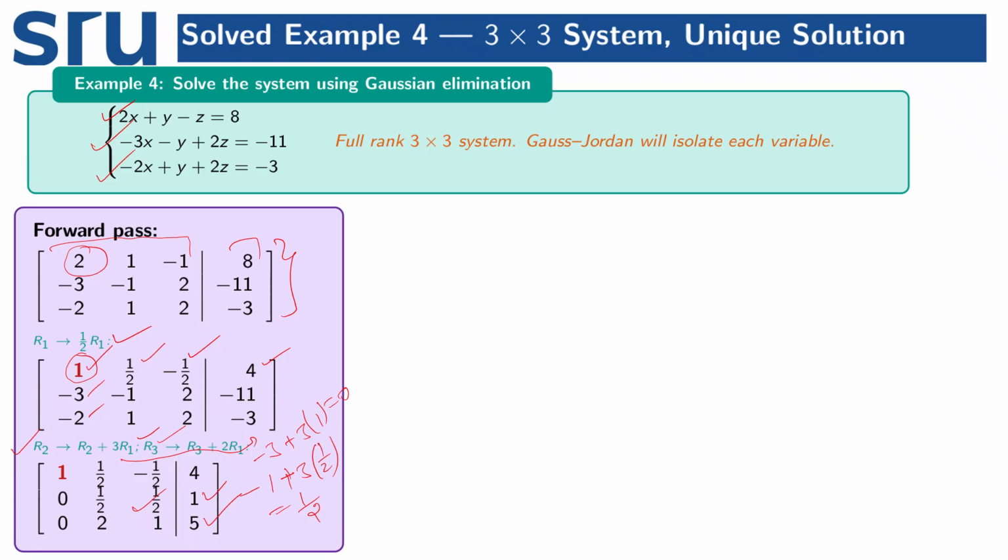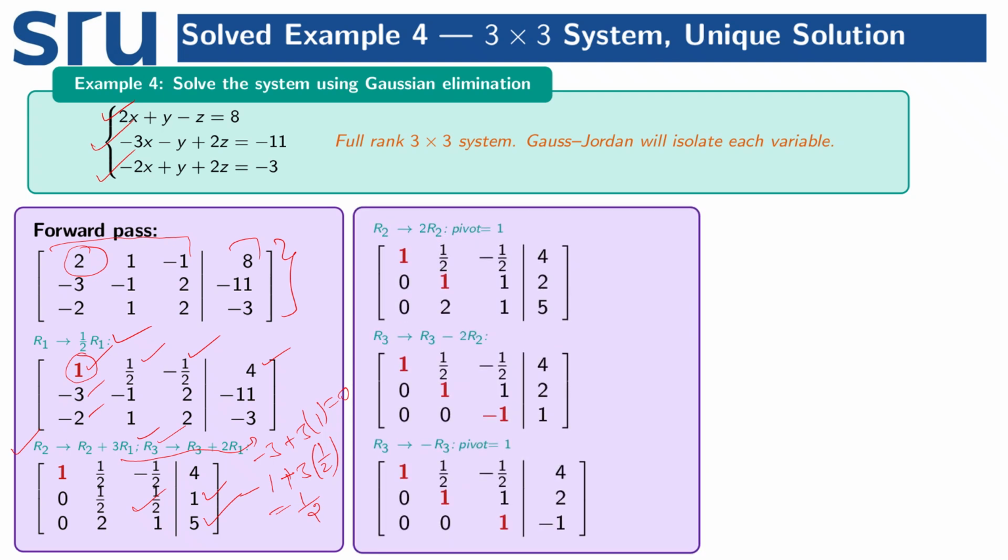Now we make the second pivot equal to 1. For that we multiply the second row by 2, so this second row becomes 0, 1, 1 and 2.